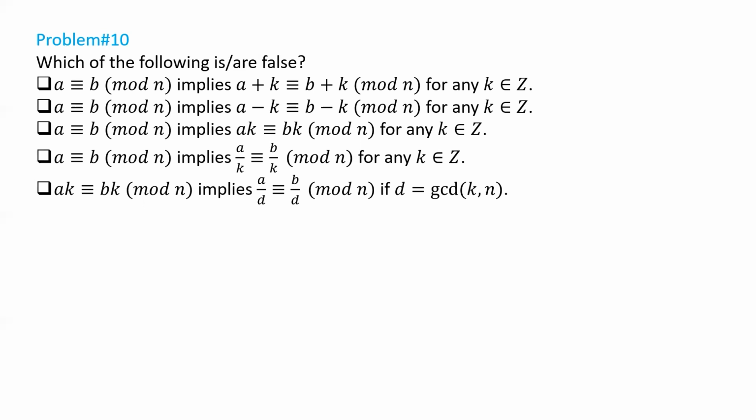But then coming to the division operation, you cannot always say a divided by k is congruent to b divided by k. Why? Because with the same logic, k inverse may not be defined on Zn.